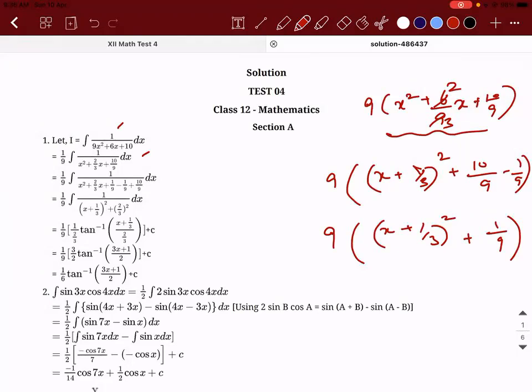So x plus, oh, I made a mistake, sorry. Correct one: x plus 1 by 3 the whole square plus 10 by 9 minus the square of this, which is 1 by 9. So it is going to be 10 minus 1 is 9. So 9 divided by 9 should be 1. This should have actually been 1 square.